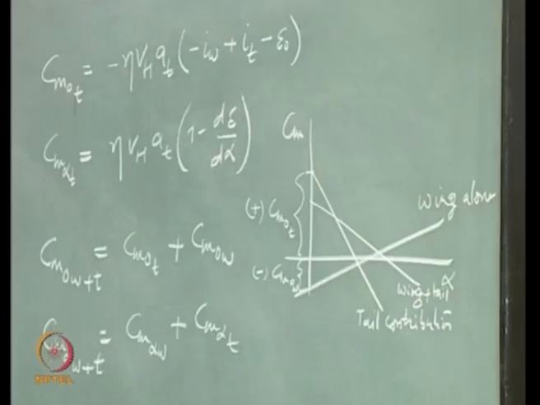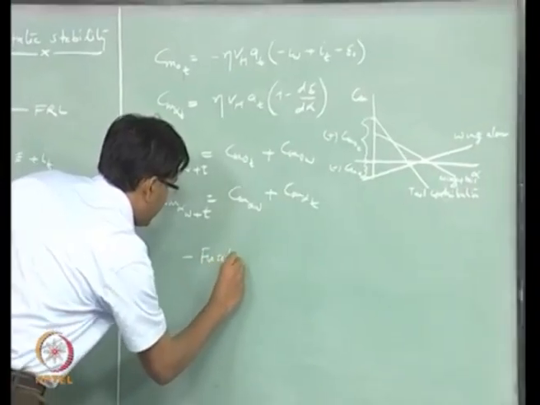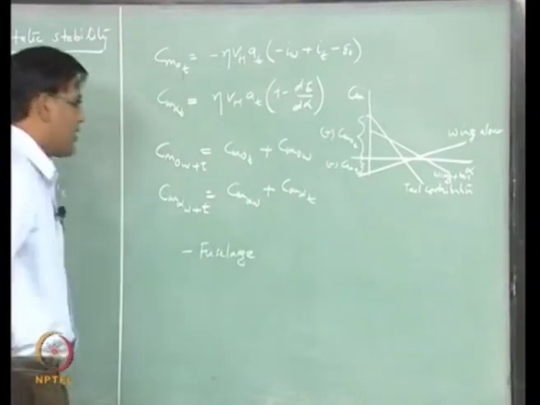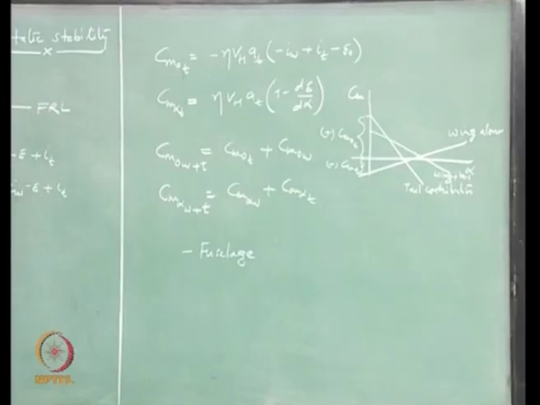Anything else which is also important in contributing to these quantities? Do you have anything else on the airplane which may contribute to pitch stability or Cm naught? You have fuselage, anything else? Power plant.